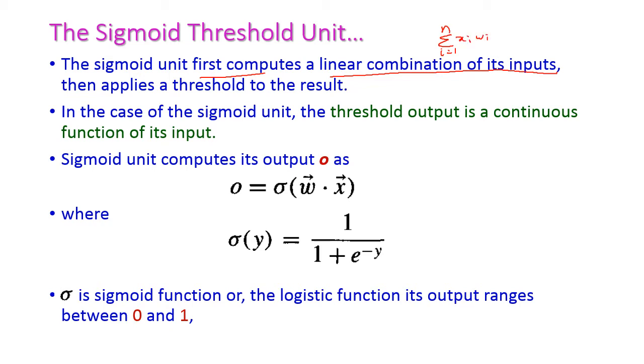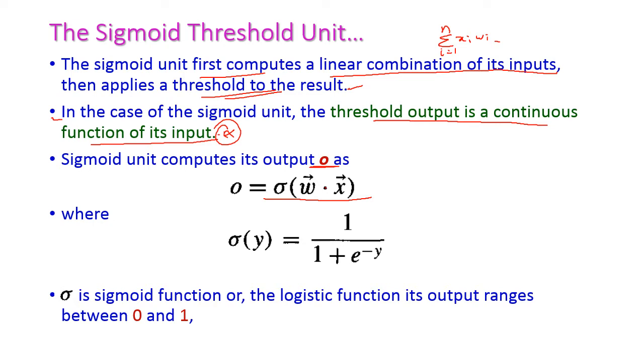After that this value will be given to the threshold unit. Here the threshold output is a continuous function of its input. This is important. The sigmoid unit computes the output O as sigma of w vector multiplied by x vector.